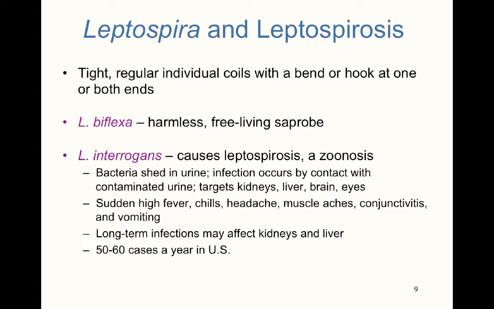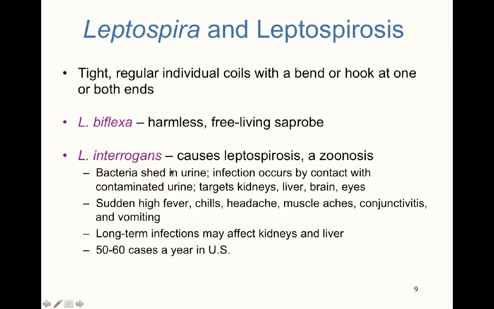Next is Leptospira. So two species here, biflexa. The first does not cause disease. It's a free-living saprobe. And interrogans is the pathogenic one. It's a zoonotic pathogen causing the disease known as leptospirosis. So this is one to remember that is transmitted from contact with contaminated animal urine.